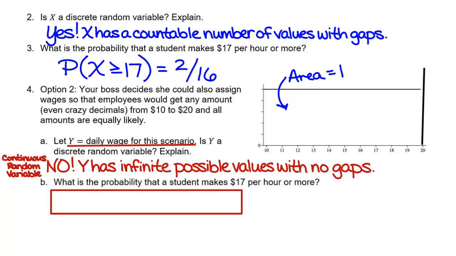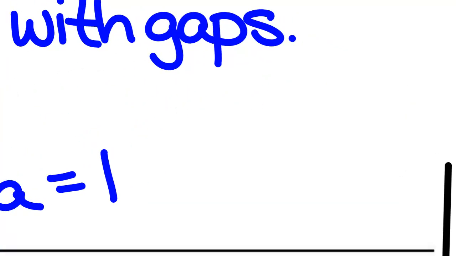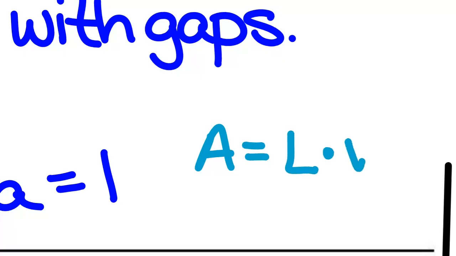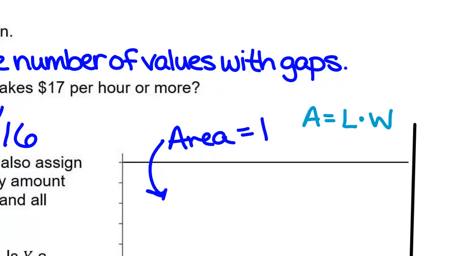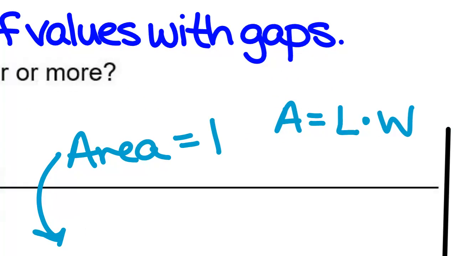I need to figure out how high up on the y-axis this is going. What shape have we created here? A rectangle. How do you find the area for a rectangle? Length times width. Area equals length times width. And we already know what the area is going to come out to be, right? The area comes out to be 1.